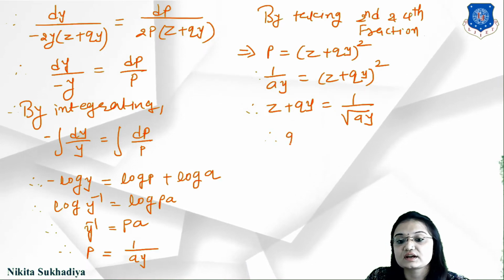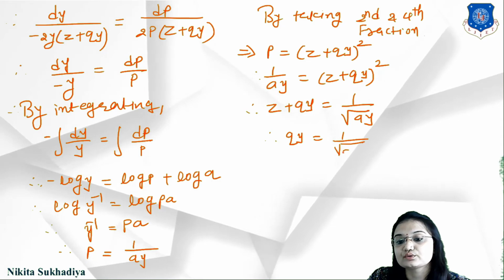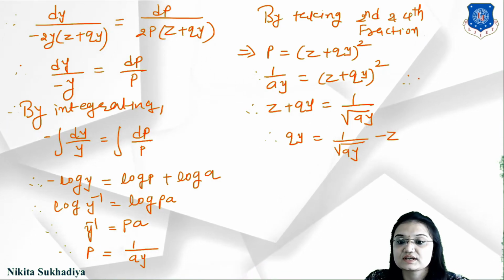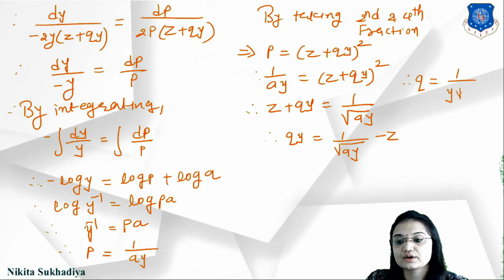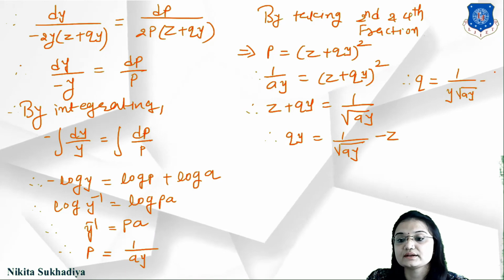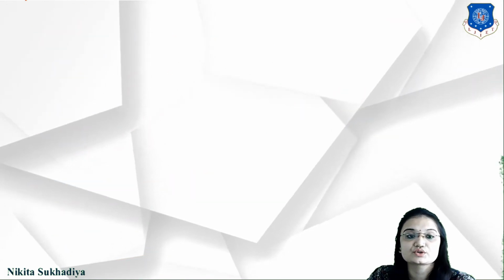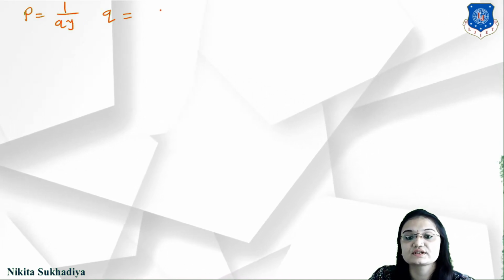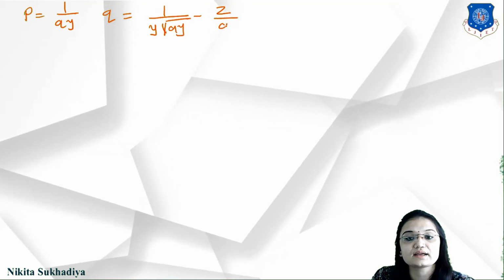So we can say that qy is equal to 1 upon under root of ay minus z. So q is equal to 1 upon y into under root of ay minus z upon y. This one is our q. Now here we have p is equal to 1 upon ay and q is equal to 1 upon y under root of ay minus z by a.